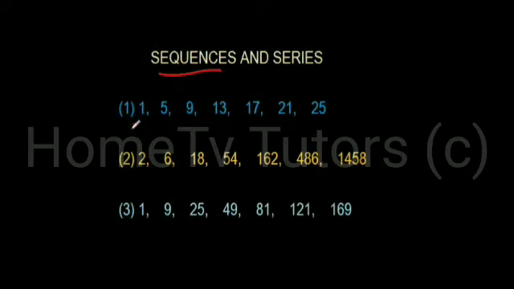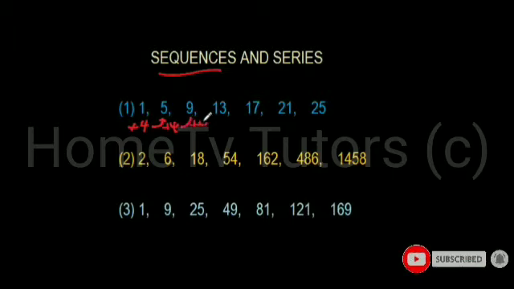You add 4 to any term to get the next term. So 1 plus 4 will give us 5, then 5 plus 4 will give us 9, 9 plus 4 will give us 13, and so on.